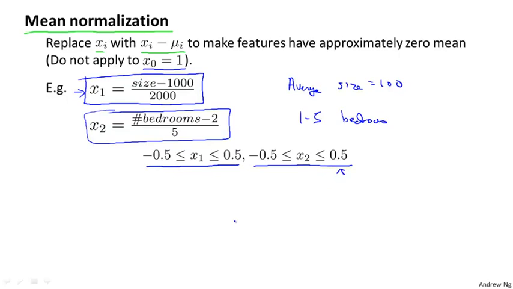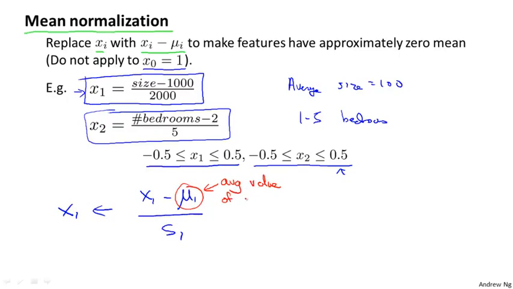And the more general rule is that you might take a feature x1 and replace it with x1 minus mu1 over s1, where mu1 is the average value of x1 in the training set, and s1 is the range of values of that feature. And by range, I mean the maximum value minus the minimum value.